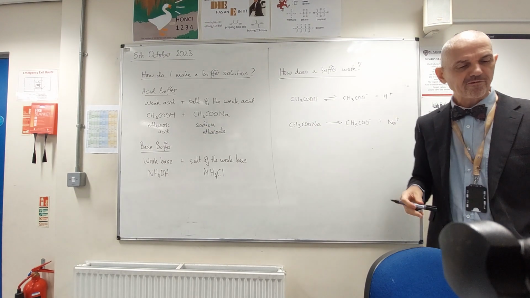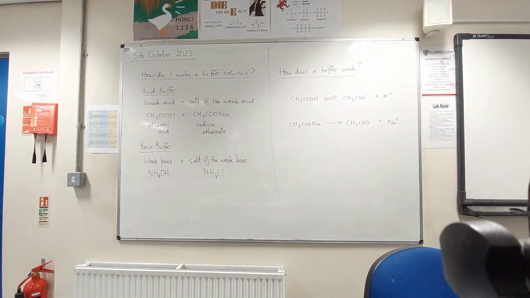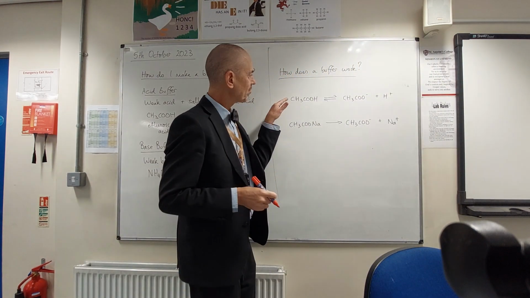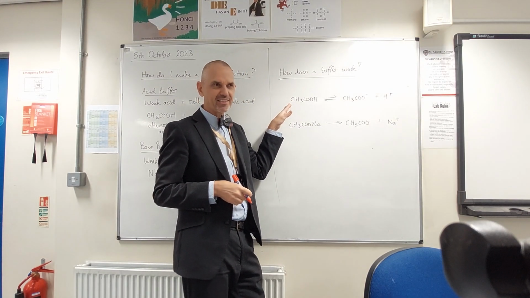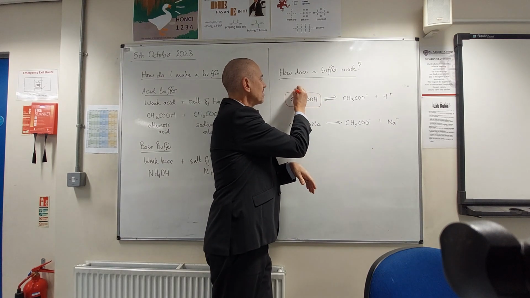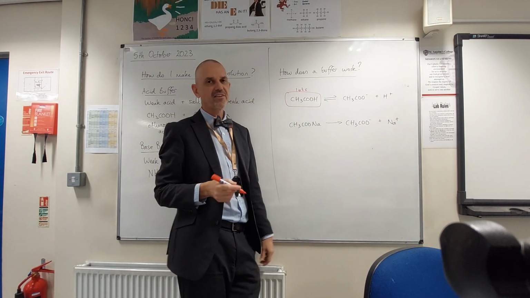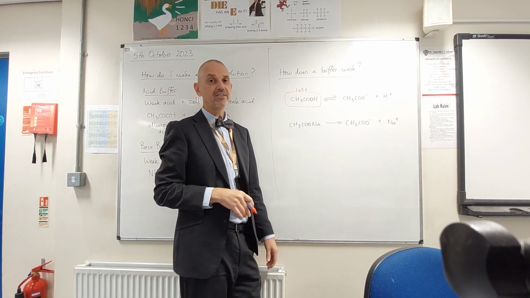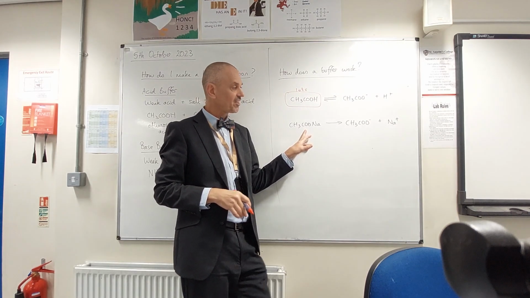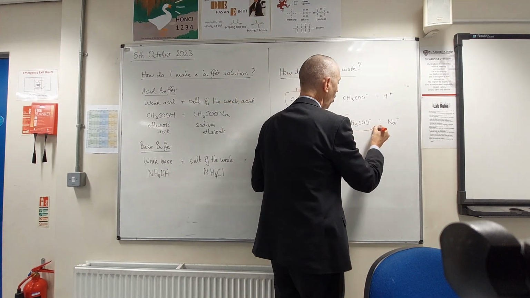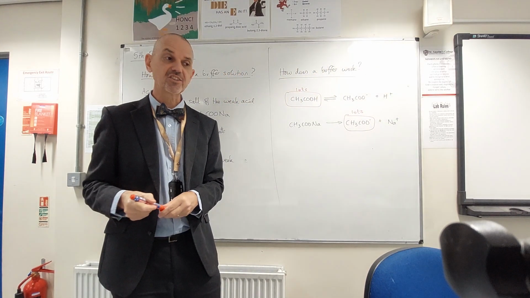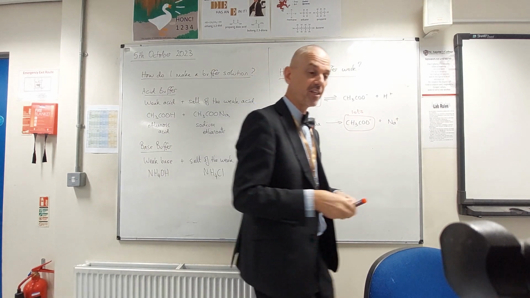Now if we just think for a moment about what's actually in the solution. So we just said that very little of the ethanoic acid dissociates. So in other words, there's lots of ethanoic acid molecules in the solution. The ethanoate completely dissociates, so there is lots of ethanoate ions in the solution from the sodium ethanoate.